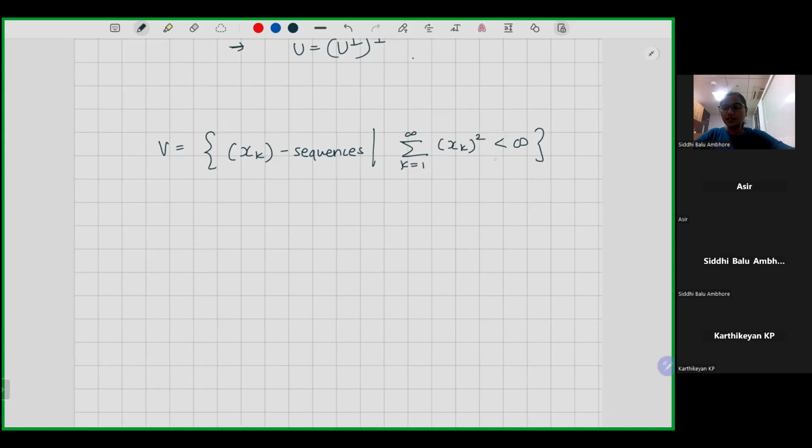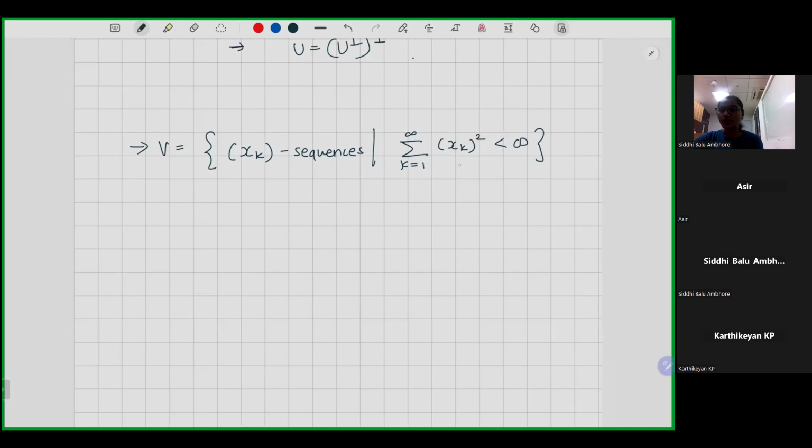It is such that the summation of this x_k squared converges. So this is a vector space where you will find a counter example. So can you give me a subspace of this vector space? So this is a vector space, okay?